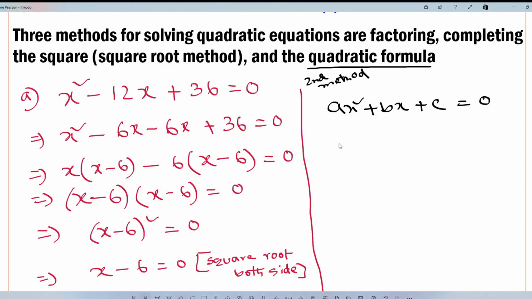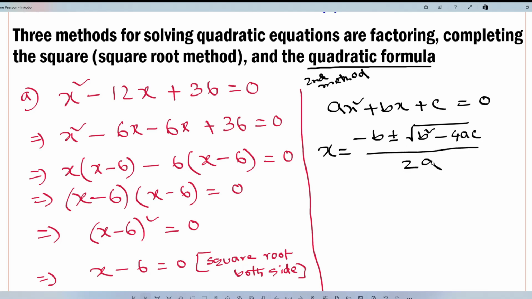The formula to find x is x equals minus b plus minus root over b square minus 4ac, divided by 2a. Look, here is x square minus 12x plus 36 equals 0.